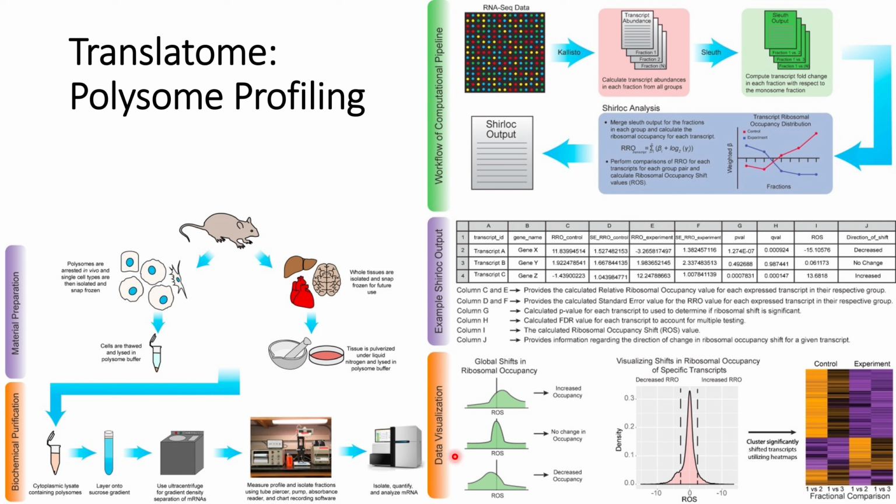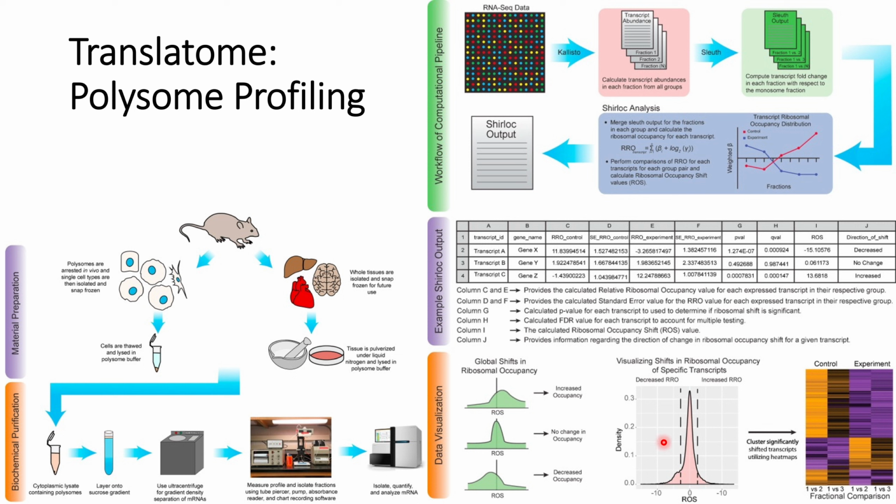And this is the visualization of how it can be observed. In the case of increased occupancy, the ROS value will increase, and this shows that ribosome binds to the gene more compared to the control experiment. In this case, there is no change, and in this case, there is a decrease in occupancy.